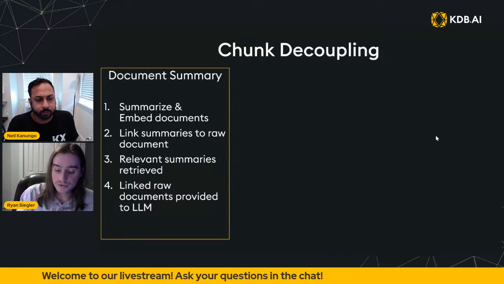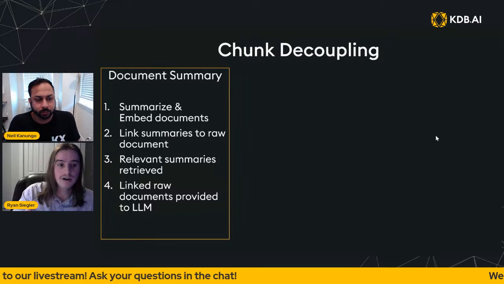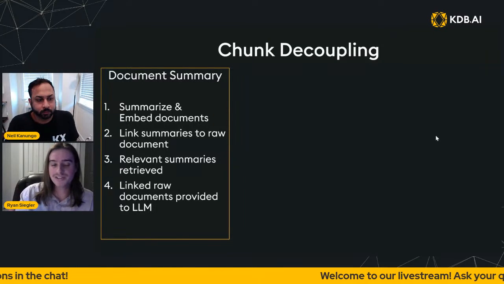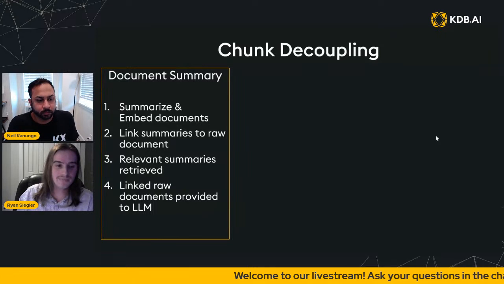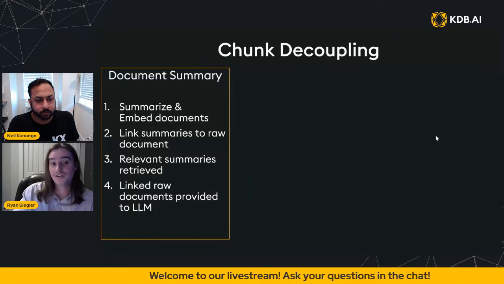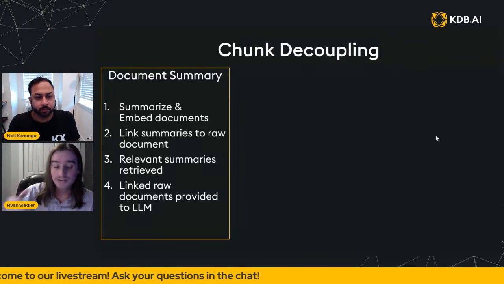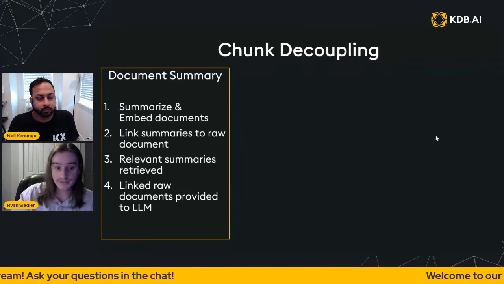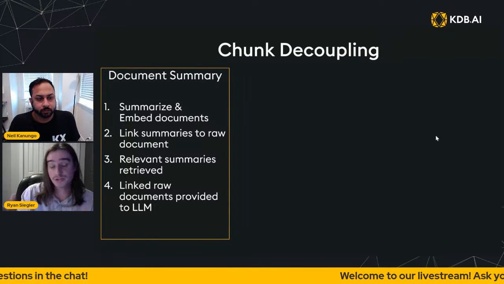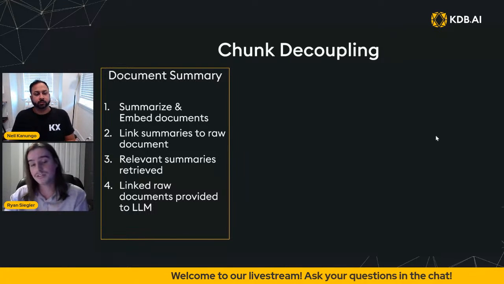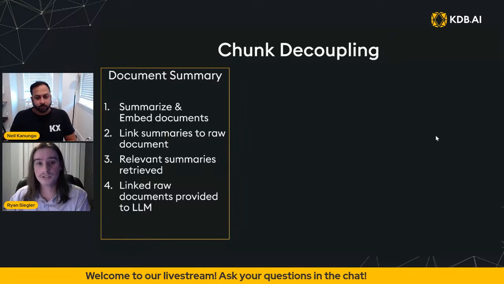So then when we do our similarity search, we will retrieve the most relevant summaries. But instead of passing the summaries to the LLM, we're going to pass the original raw document to the LLM in its entirety. So this will provide a lot of context for the LLM to answer questions. So it's treating them differently, right? You're using summarizations for the retriever, and then you're passing the entire document into the LLM for generation.